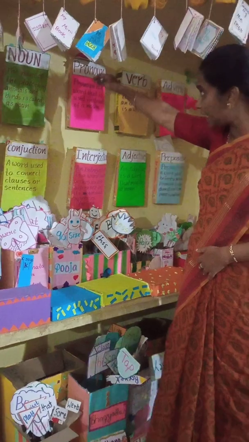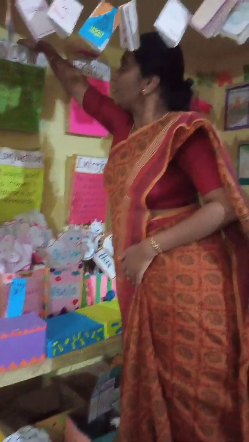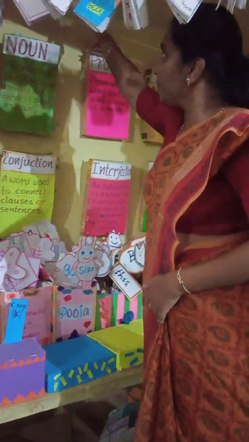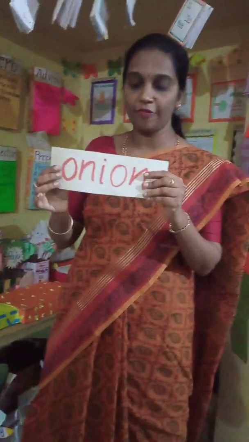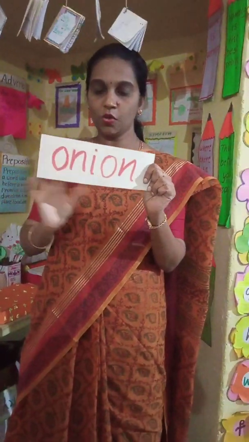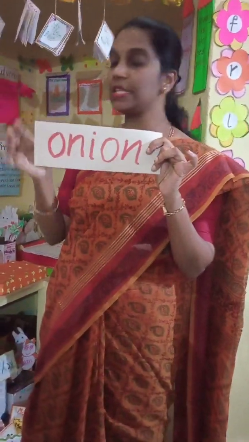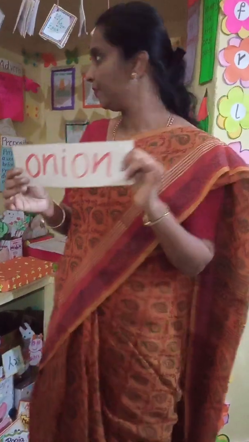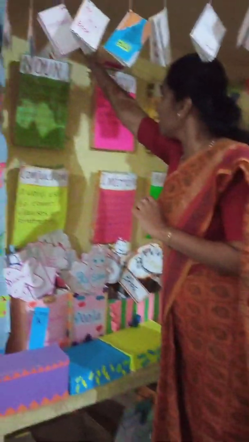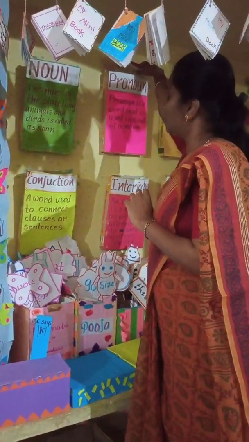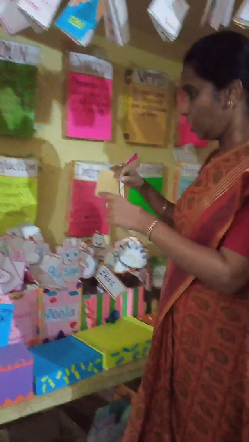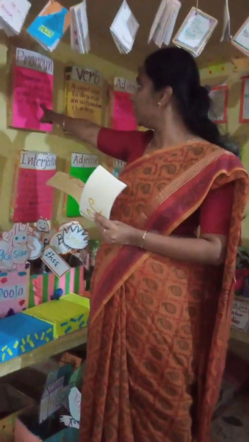And when we go inside the box, we can see some flashcards with nouns. These flashcards are also prepared from waste invitation cards. So in the noun box there are many noun cards. In the same way, on the pronoun box you can see the definition.